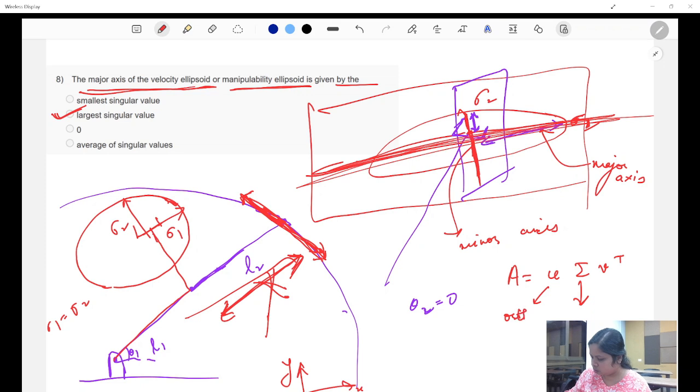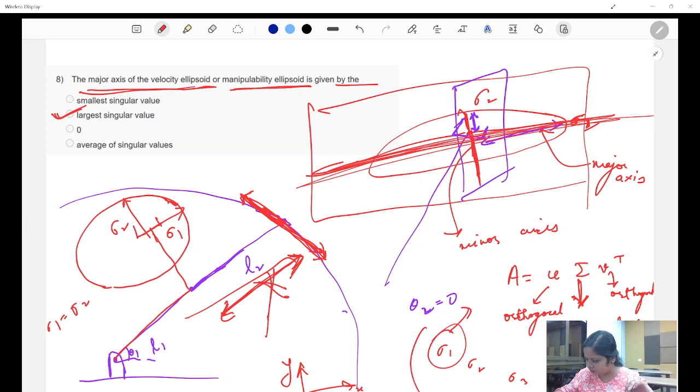These are orthogonal matrices, found directly from the eigenvalues. The eigenvalues of the matrix are arranged in a diagonal manner, ranging from the largest value to the smallest. If you have sigma 1, sigma 2, sigma 3, sigma 4, sigma 1 will be the largest value, and it is going to be your major axis.